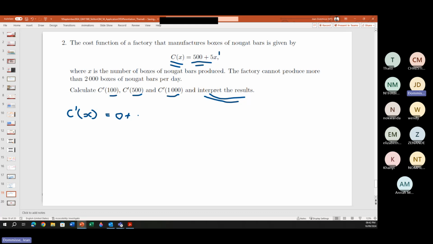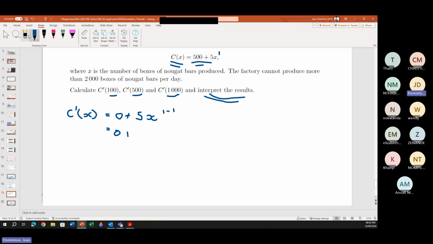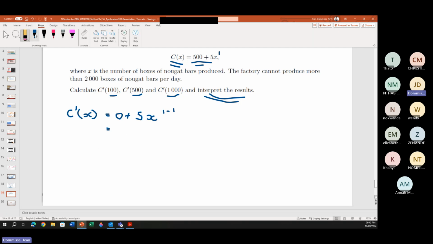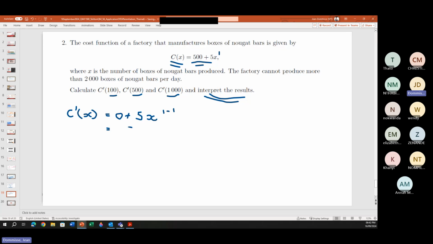So 1 times 5 is 5. X becomes 1 minus 1, so that is 0. So the 0 can fall away. So what we are left with is 5x to the power of 0, which is actually just 5.